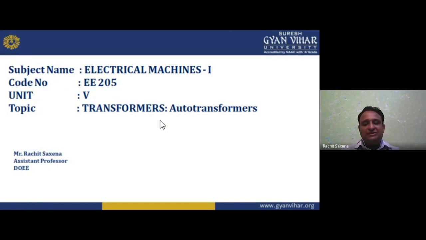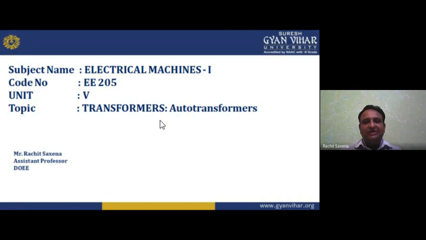On the basis of supply, transformers are of two types, single phase and three phase. If I am talking about the AC supply, we have the single phase supply and the three phase supply. Transformer is totally based on the principle of Faraday's law of electromagnetic induction.